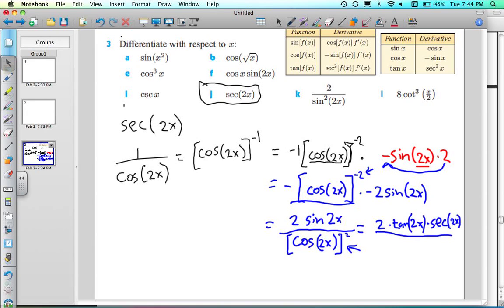And that is your final answer for J. Now I'm going to leave K for you guys, and if you still need help with K tomorrow, I'll still go over it. I'm going to skip over to L, because you got that cotangent cubed. So here we go.